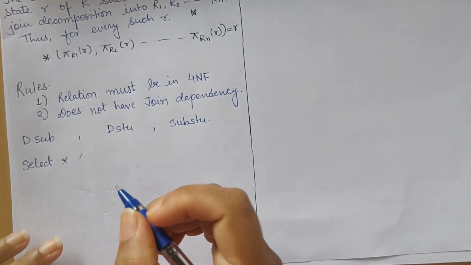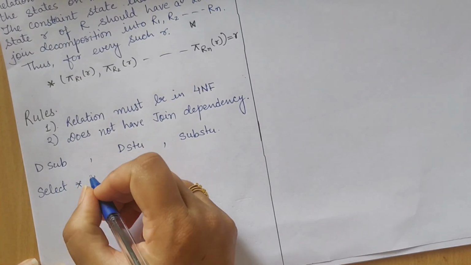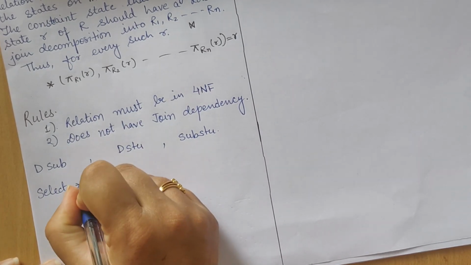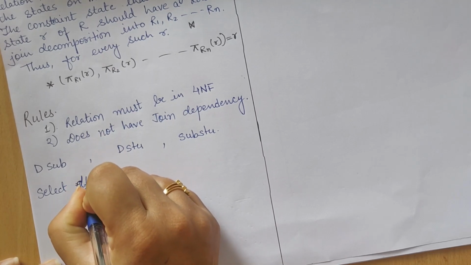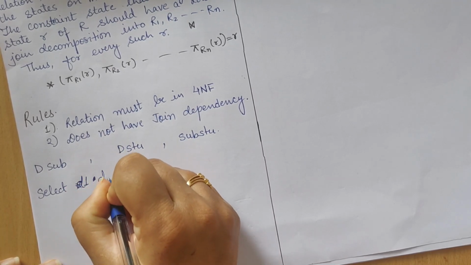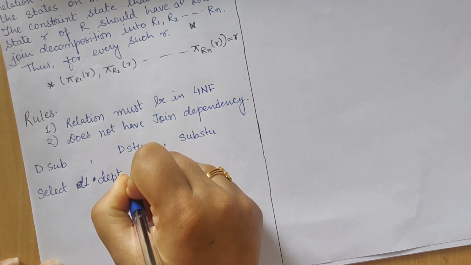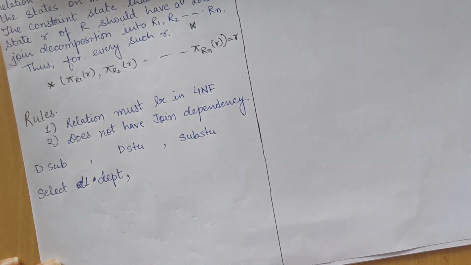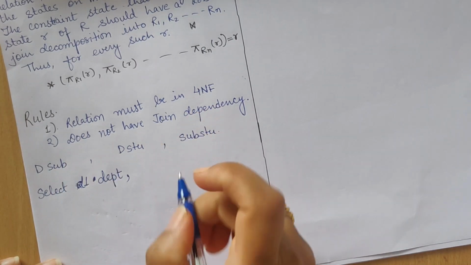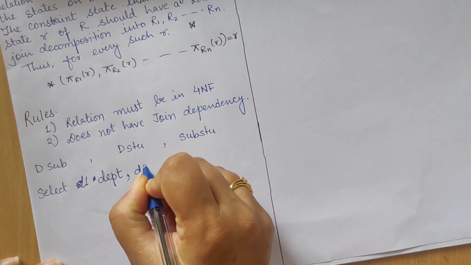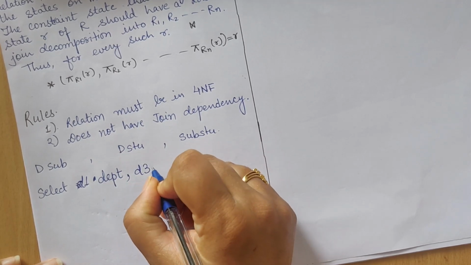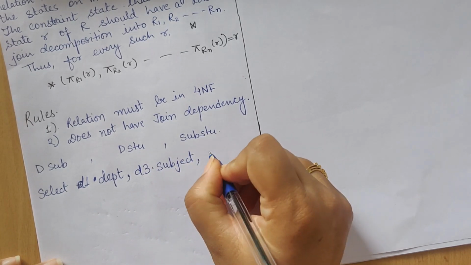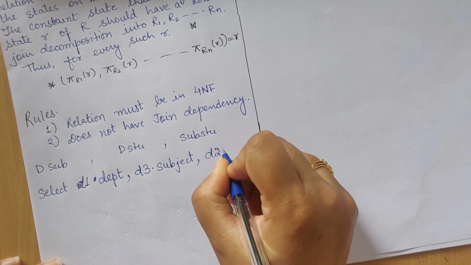So here I am writing select, the first table I am calling D1. So here D1 dot department. Now I am joining, so here I will put a comma, and one more table I will have as subject student. So from this D3 I want subject, comma, from D2 I want student.